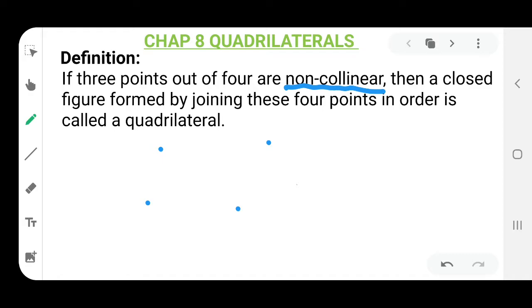Suppose we start from here and I'm joining the points. So what I got here is a quadrilateral, because there are 4 points, 3 of them are non-collinear, and we joined the 4 points in order. So this is an example of a quadrilateral.